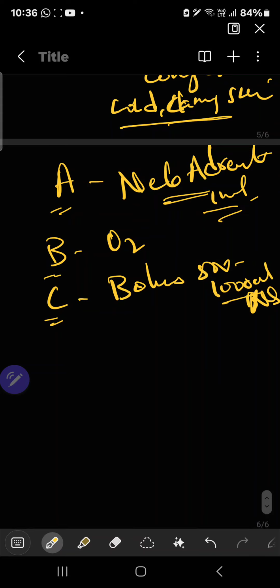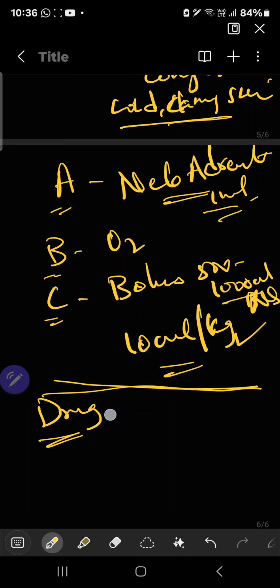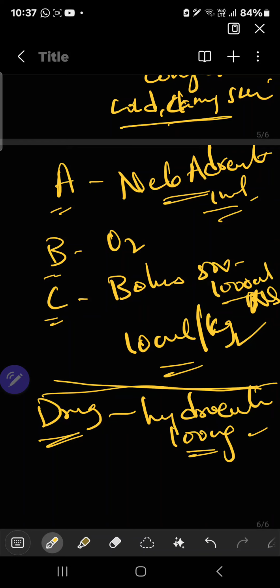If the patient is a small kid, in children, 10 ml per kg bolus you can give. And then for the drug part, what will you give usually? Hydrocortisone 100 mg in adults you can give.